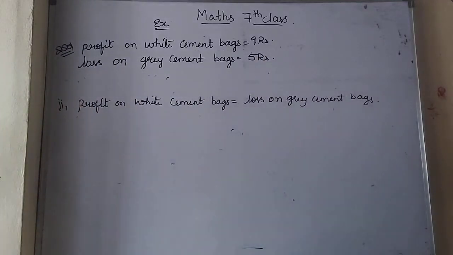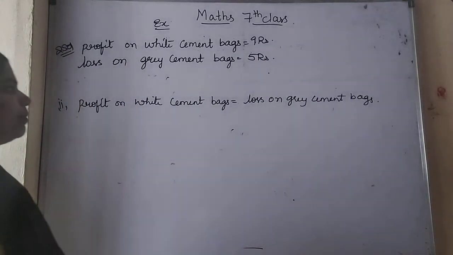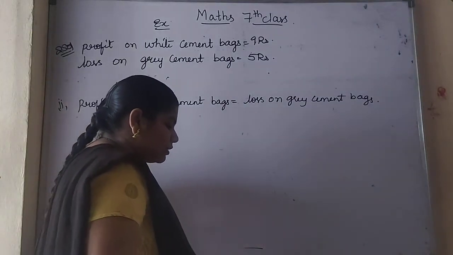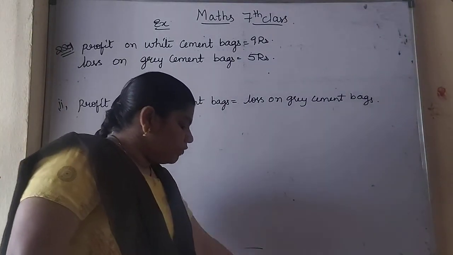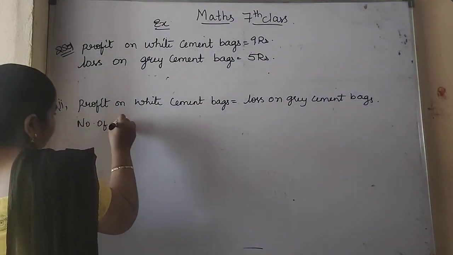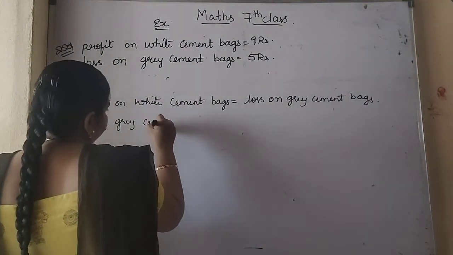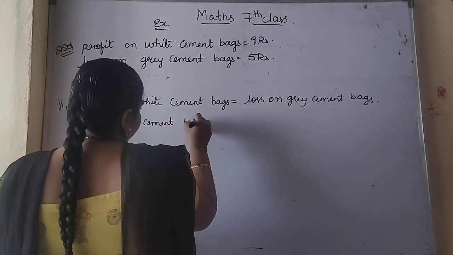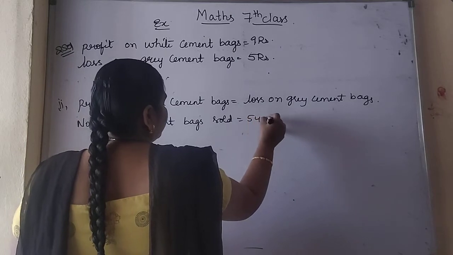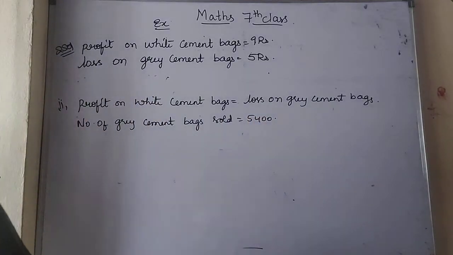Okay, so now how many grey cement bags they have sold? That is 5,400. So number of grey cement bags sold is equals to 5,400. So on selling this grey cement, they are getting 5 rupees loss.